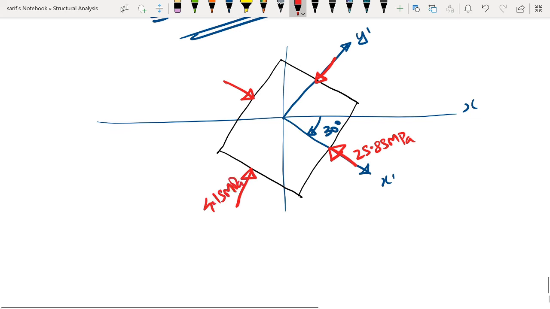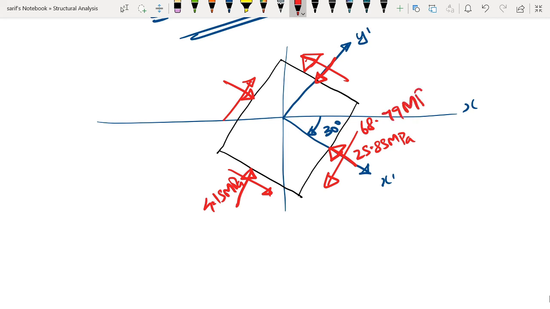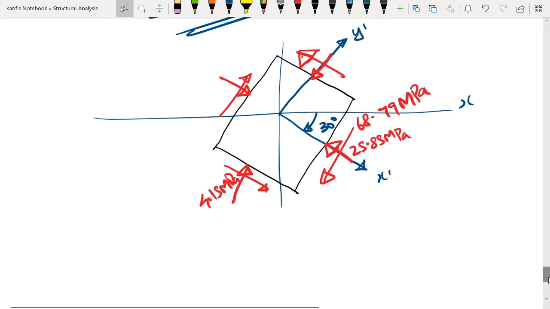And lastly, for the shear stress, we got the value again as negative. So shear stress would be like this, and the magnitude is 68.79 megapascal. So this is how we represent the state of stress at a point inside the material, and it changes with the orientation of the element that we are considering.